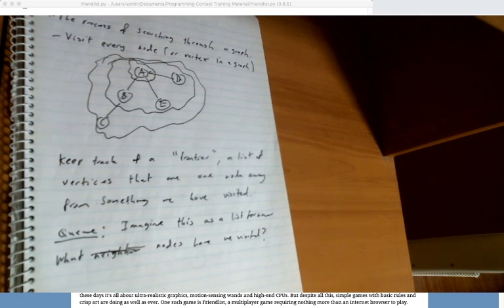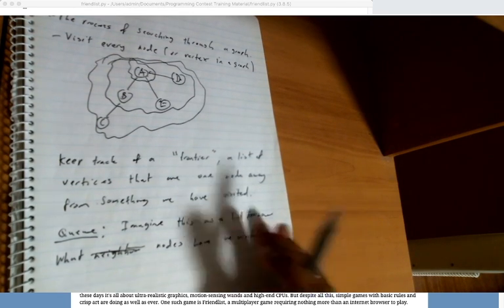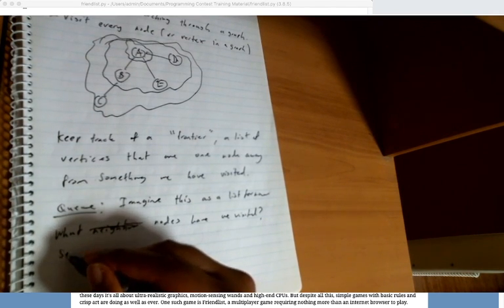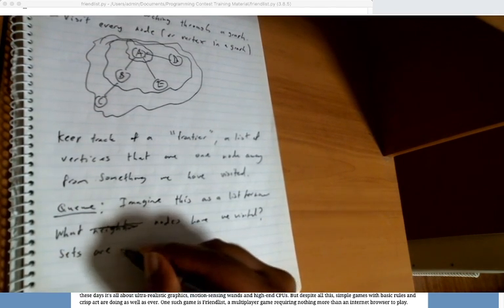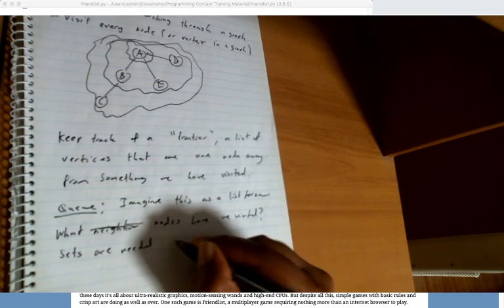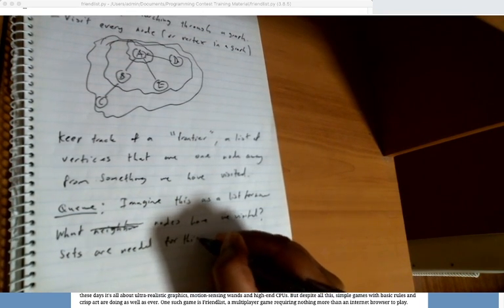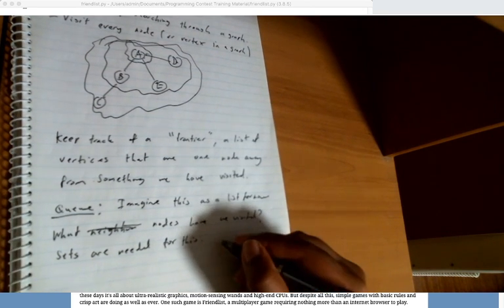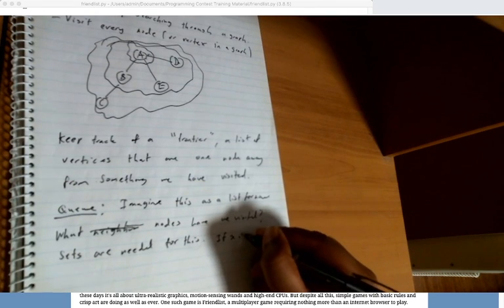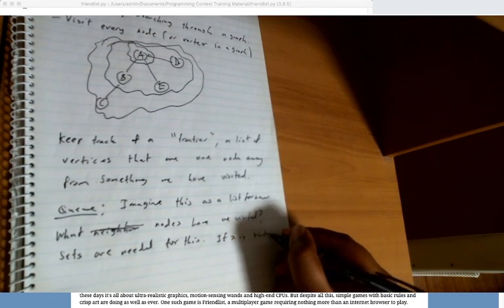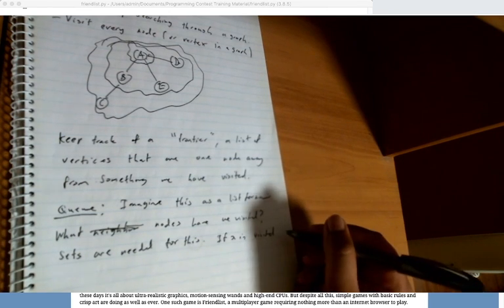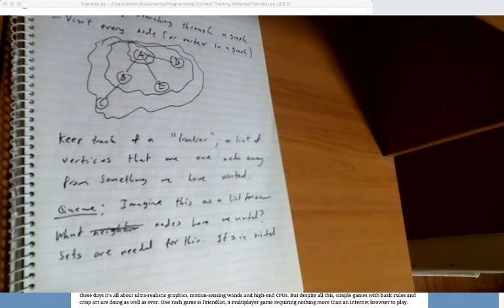Well, what we need here is a set, because you can just check for a given node, is it visited or not? For example, if x in visited, or if x in seen, then obviously this will return true and it will take a small amount of time.